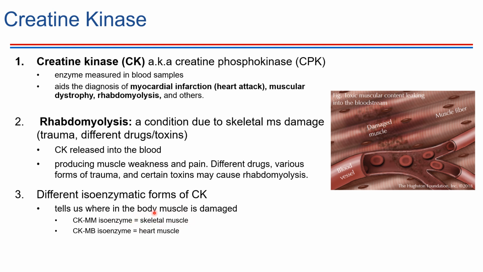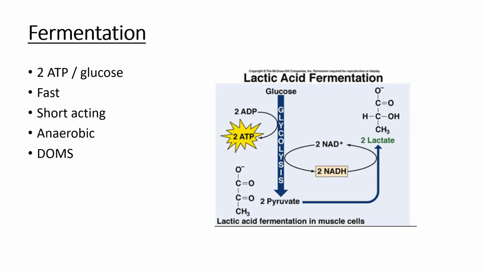So skeletal muscle will have this type, CKMM, and heart muscle or cardiac muscle will have CKMB. Again, don't memorize the names, just understand the concept that we can tell where the diseased muscle is based on the type of creatine kinase.